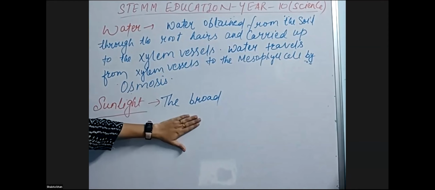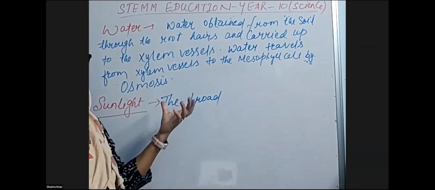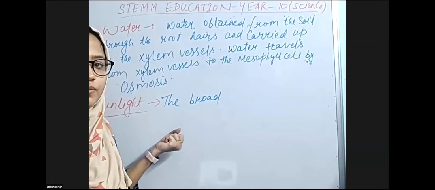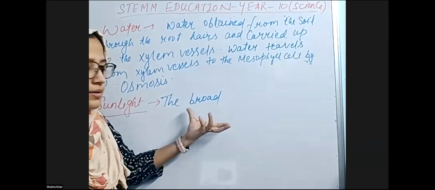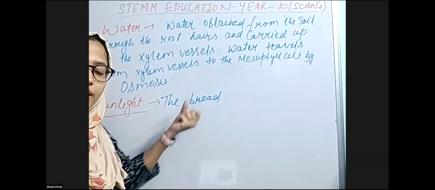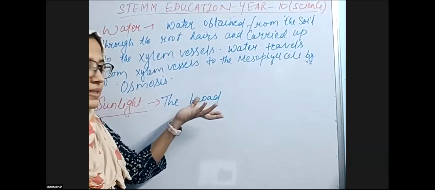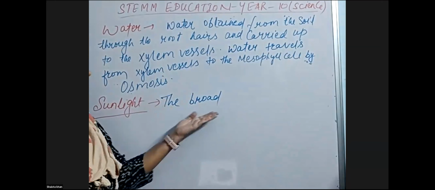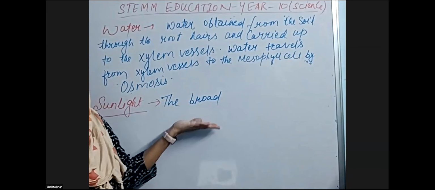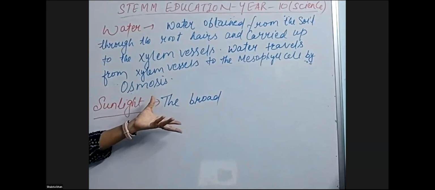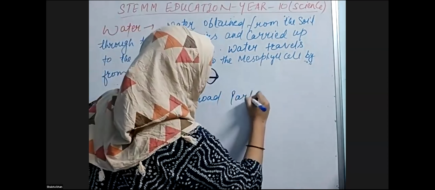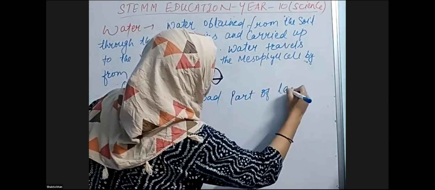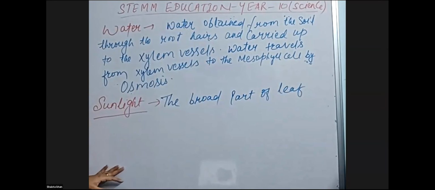Sunlight. The plant has to absorb the sunlight, right? From the sun or heat. We want to trap the heat where? The broad part of the leaf absorbs the sunlight.